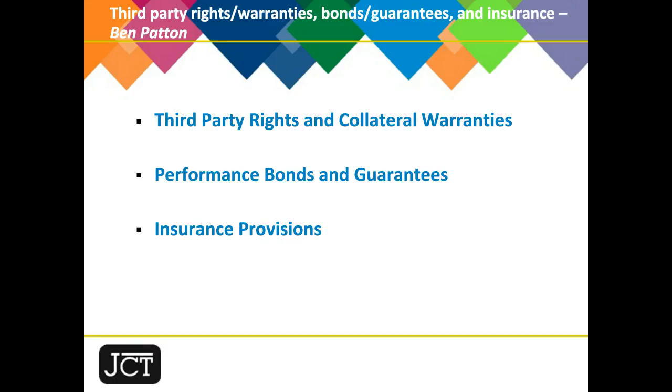It's been replaced by a new definition of rights particulars, which in turn is referred to in the body of both the main and subcontract particulars. Now, the rights particulars are intended to be a separate document that will be prepared by the employer and set out the requirements for third-party rights and or collateral warranties from the contractor and from subcontractors.